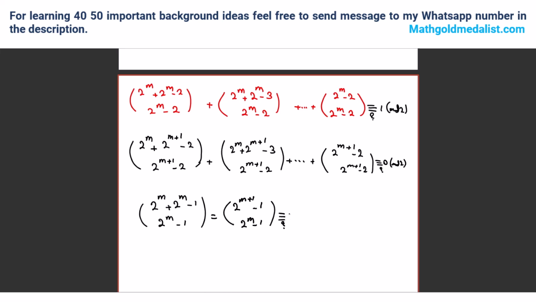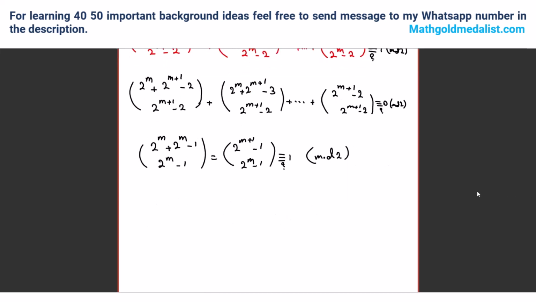We should prove why it is odd, right? And for the next part, we should say 2 to the m plus 2 to the m plus 1 minus 1, choose 2 to the m plus 1 minus 1, right? So we can say 3 times 2 to the m minus 1, choose 2 to the m plus 1 minus 1. We should prove why it is 0 mod 2.